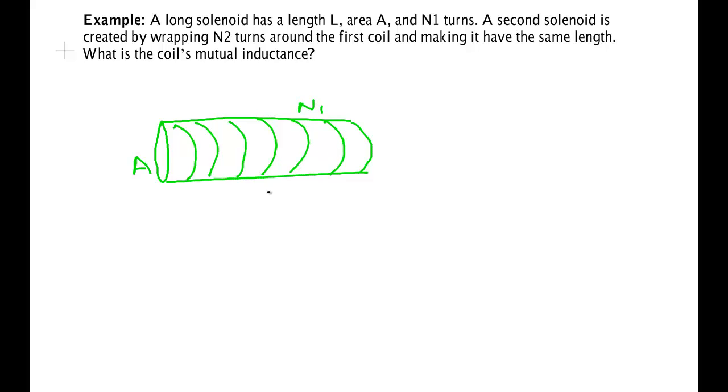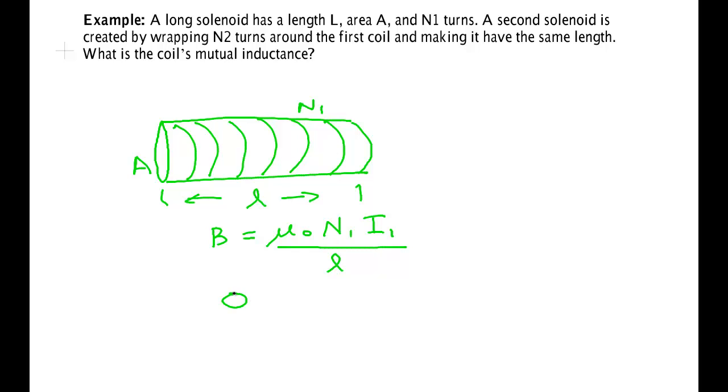So N1 turns, and it has a length here, let's say we'll call that L. Now the magnetic field for this infinitely long solenoid is mu naught times the number of turns N1 times the current flowing through it I1 divided by the length L. This produces a magnetic flux. That flux is equal to B times A, which is equal to mu naught N1 I1 over L times A.